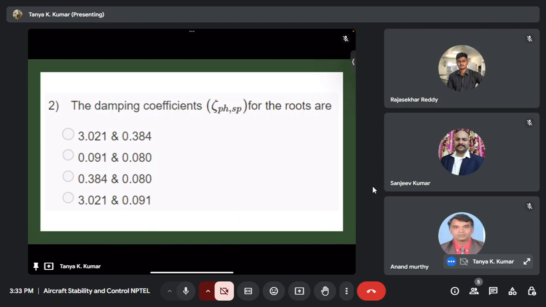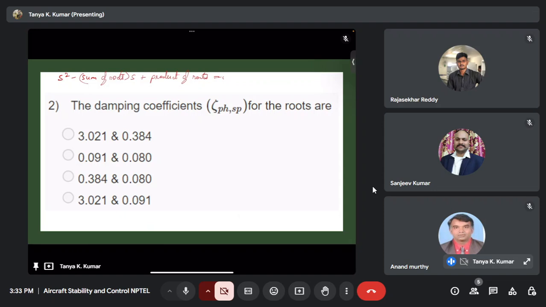You have s square minus sum of roots into s plus product of roots equals 0. So in our case, what would it be?